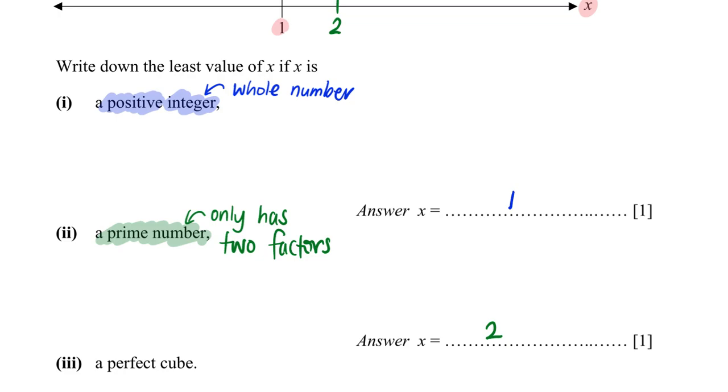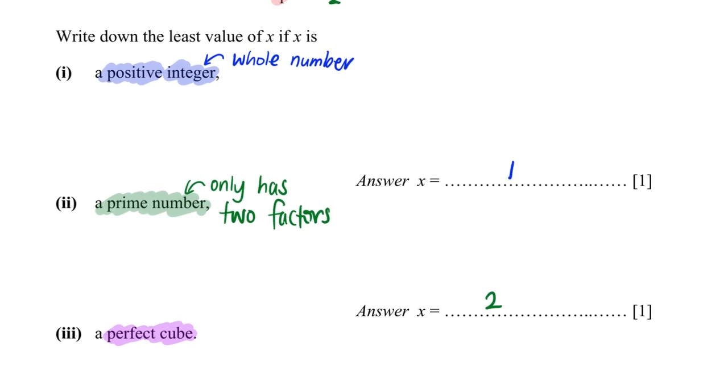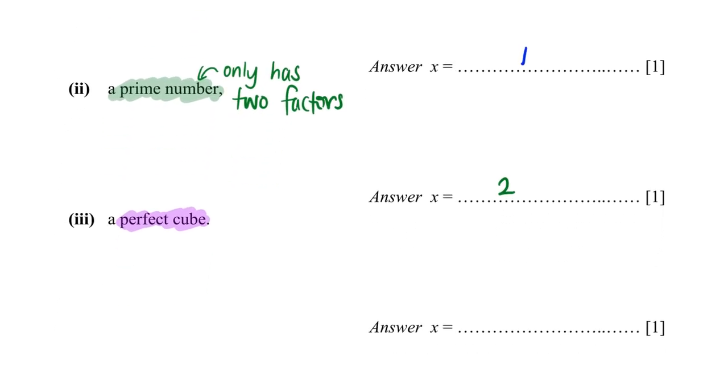And the last part would be the perfect cube. So what are perfect cube numbers? Perfect cube numbers are, for example, 1 to the power of 3, 1, 2 to the power of 3, 2 times 2 times 2, 8, 3 to the power of 3, 27, and so on and so forth.